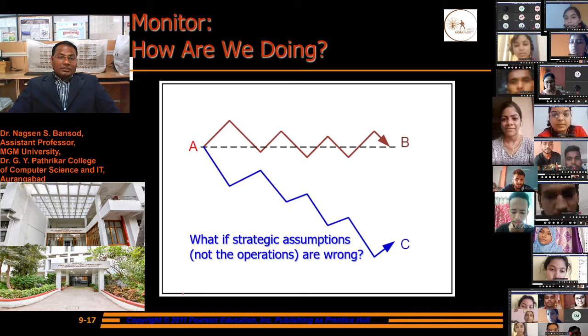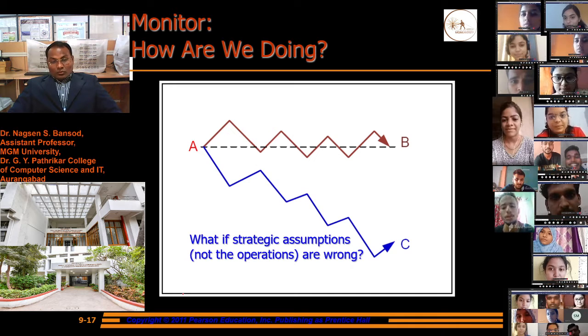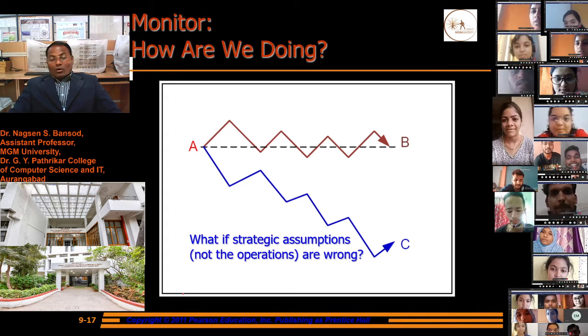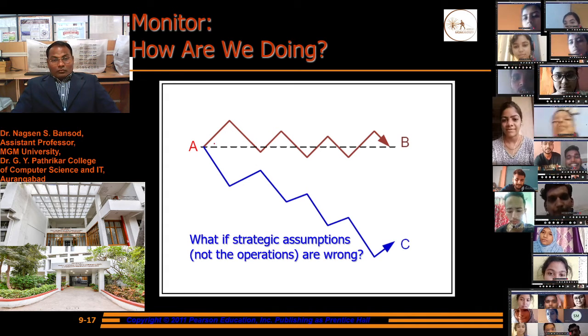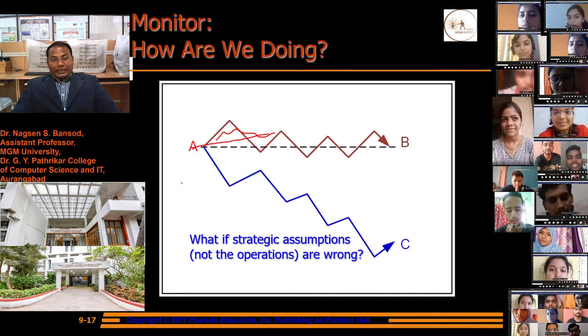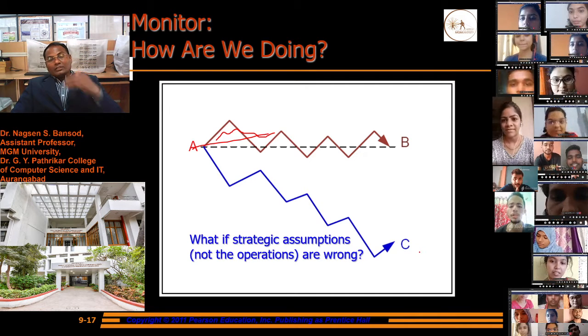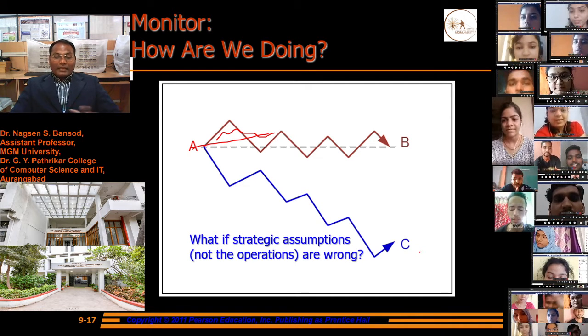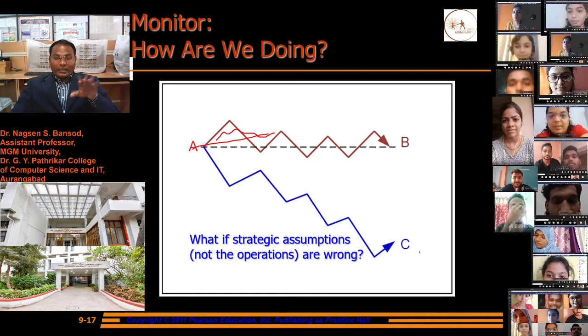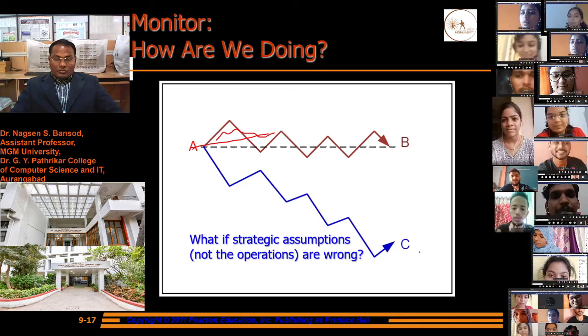Now you see the what-if strategy assumptions, not the operational, are wrong. This is the positive target, and this is the negative target. We have decided the target, and now we are monitoring whether it is going properly or not. This we have to track.